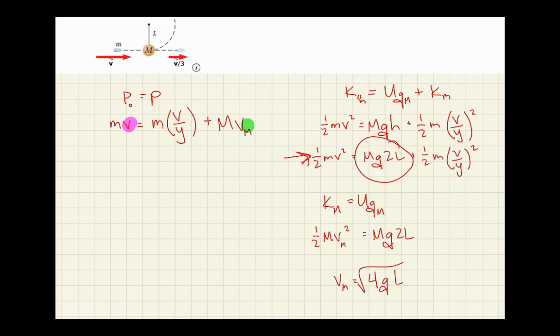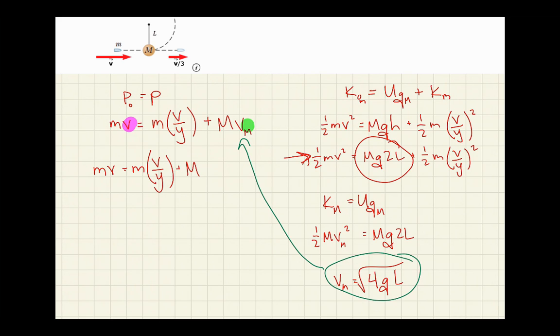So now that I have that value, I can take this and substitute it back up here. And I would get m times v equals m times v over y plus big M times the square root of 4gL.